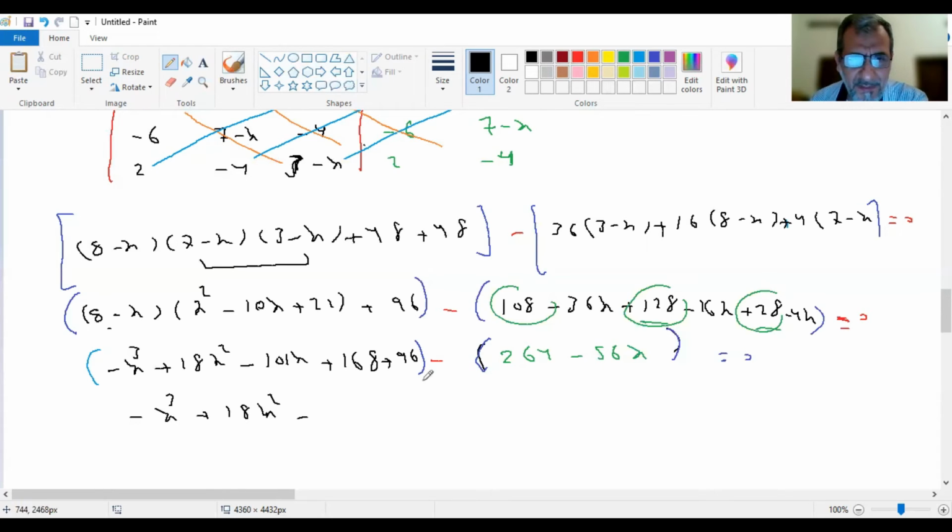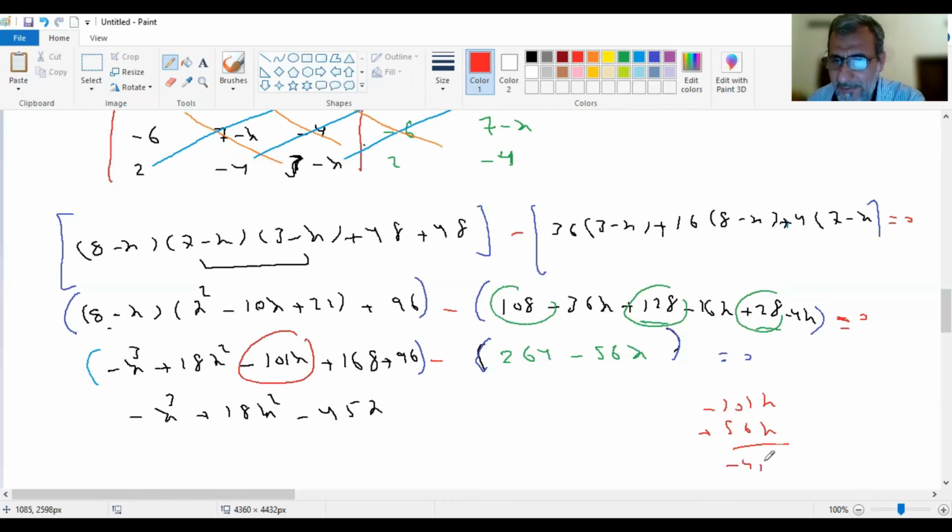Negative is positive, so it will be 45 lambda. So this one minus 101 lambda, and we plus 56 lambda. I have negative 101 lambda plus 56 lambda, so then what, equal negative 45 lambda.